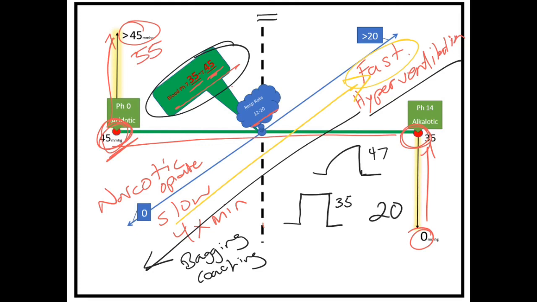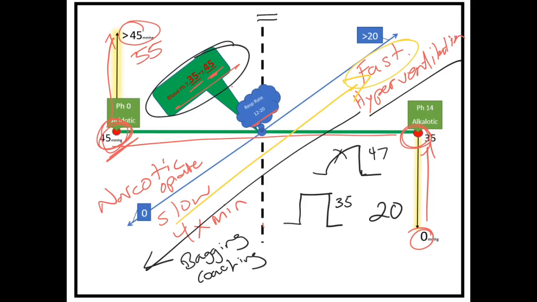And if we see 47 and we see a bronchospasm, well, we know that they're over here. It means they're breathing slow and they're not getting enough air in, so we need to do an albuterol treatment to correct that bronchospasm. And also we might need to speed up their ventilations. Maybe they're getting really tired.